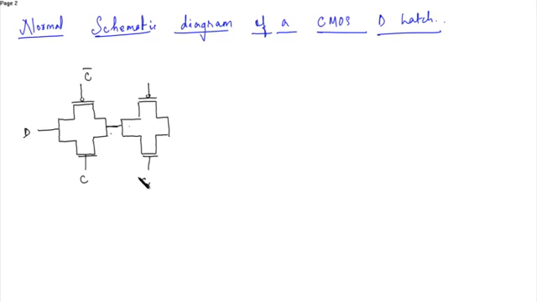Here it was C bar and here C. The output was Q. This was X. Now over here there was another inverter and another inverter, so that we can draw over here also.